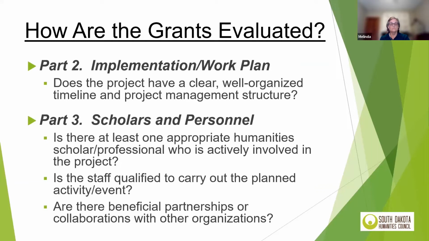Is it well planned with an appropriate timeline and management structure? Part 3 focuses on scholars and personnel. Is there at least one humanities scholar actively involved? Does the staff have the capacity to carry out this project? Are there any partnerships?